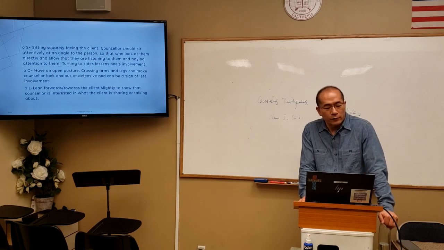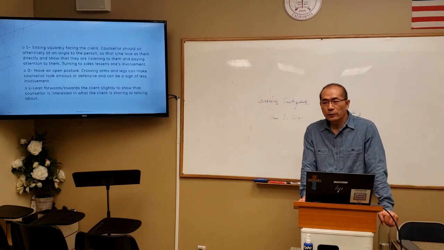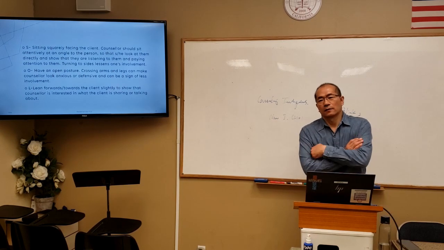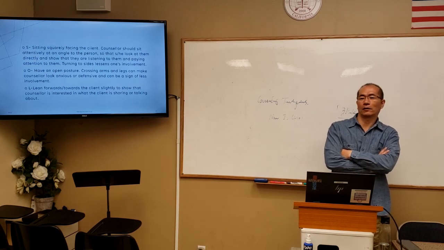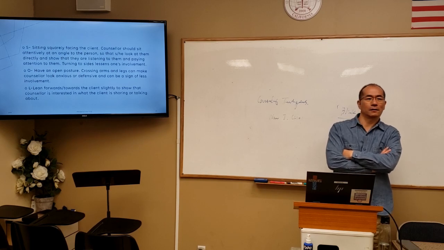O represents having an open posture. Crossing arms says, you can't trust me. Talk to me about everything you want to talk about; I'm going to listen to you and help you.